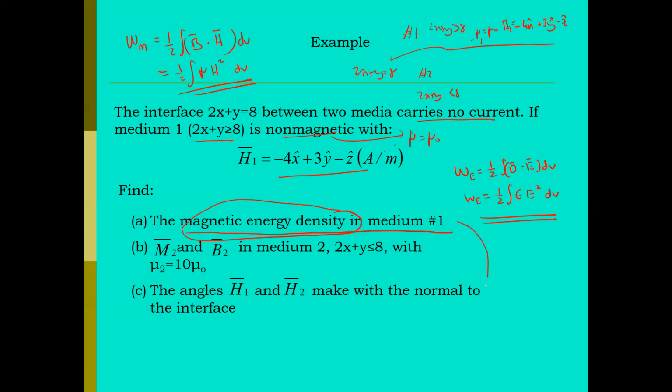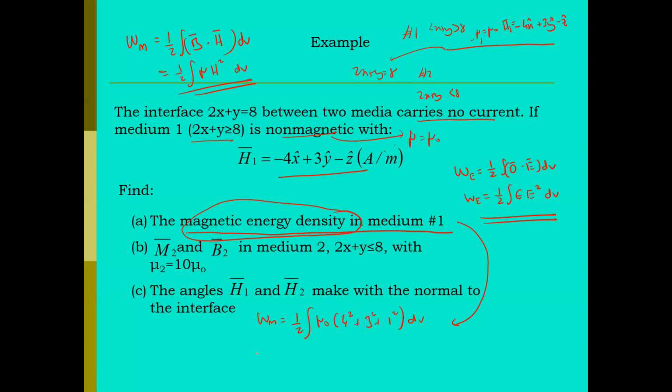For this first part of the question, we can write W_m in medium number 1 as half integration of mu naught, because mu is mu naught, times H squared, which is 4 squared plus 3 squared plus 1 squared, dV.